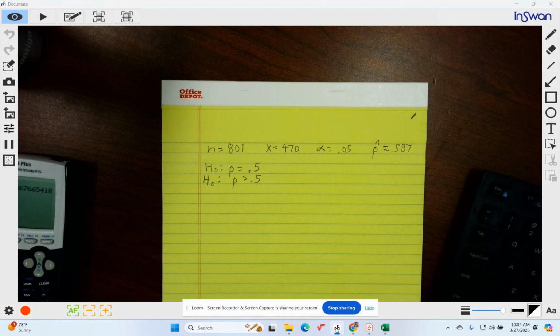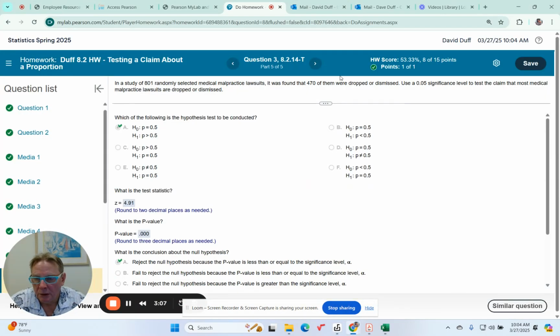All right, so back to the problem at hand. All right, so what is the test statistic? Okay, so this idea of a test statistic, we're looking to see if more than half of the lawsuits are dropped or dismissed.